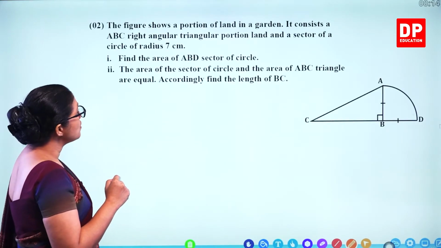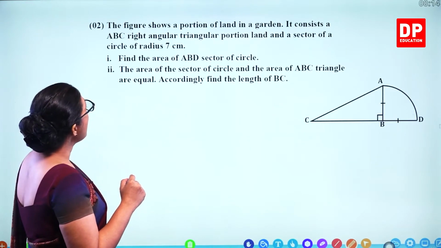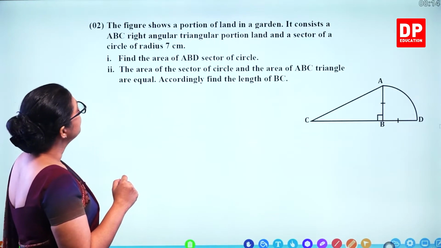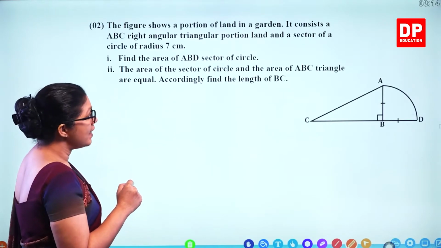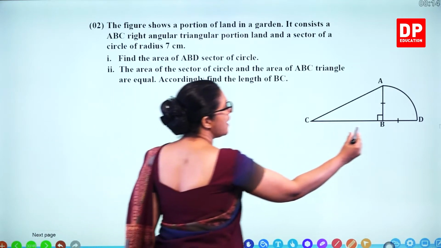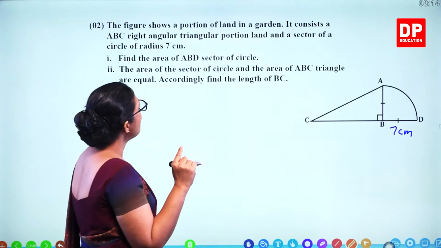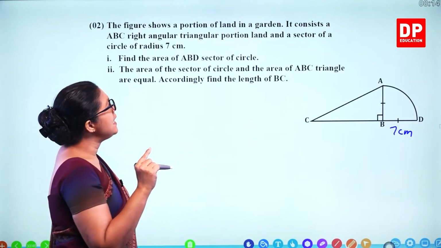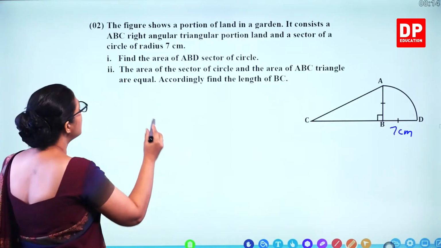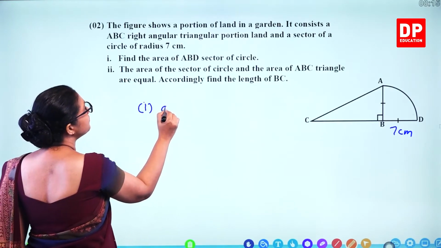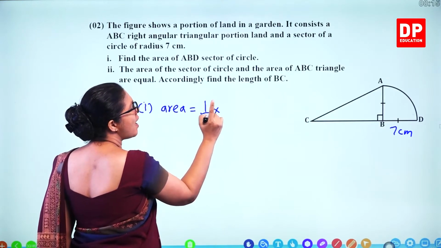The figure shows a portion of land in a garden. It consists of ABC right angled triangular portion and a sector of a circle with radius 7. So this radius is 7 centimeters. Find the area of ABD sector, quarter of a circle. So what's the area? 1/4 pi r square.